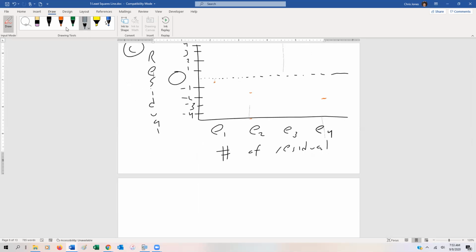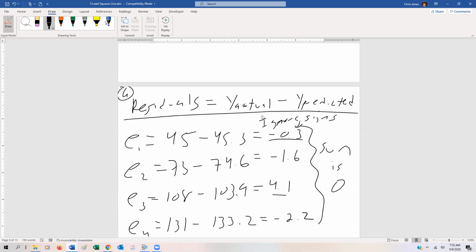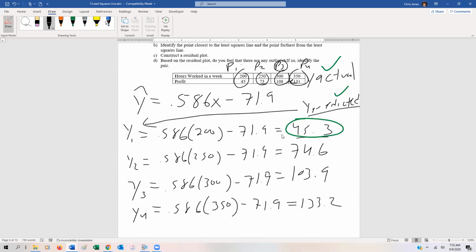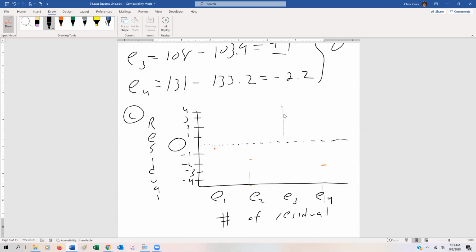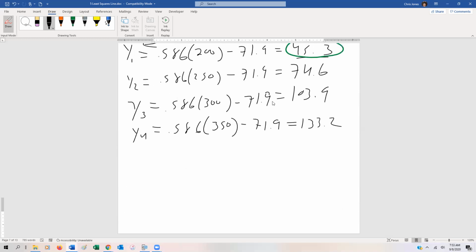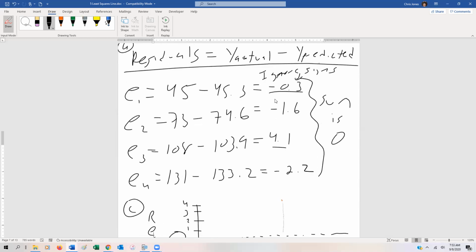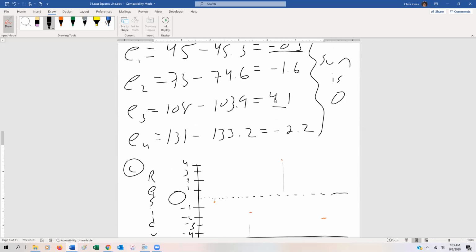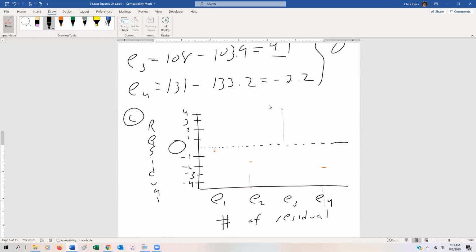So to answer part D, the question asks us, based on the residual plot, do you feel there are any outliers? If so, identify the pair. Well, it looks like the third one, and remember the third one was the furthest pair, something like 300 and 108.